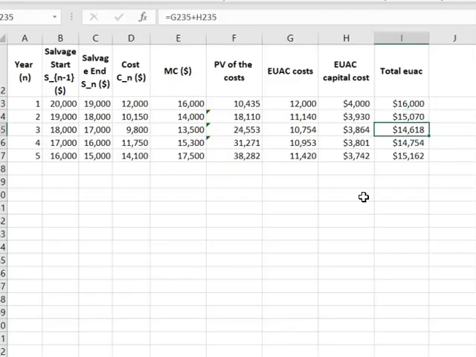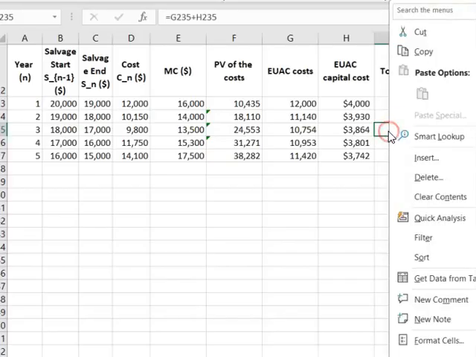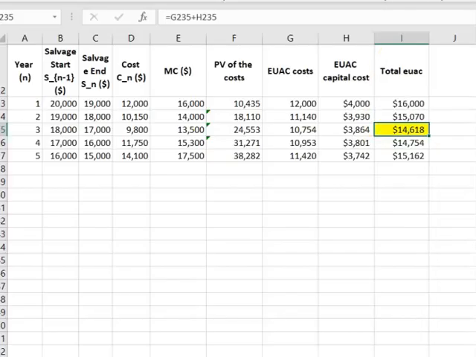You see, it still gets smaller and smaller. But at year 4, it starts increasing. So what is the minimum EUAC? 14,618. So the minimum cost life for Defender is 3.